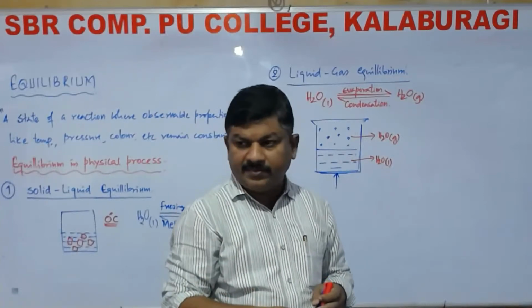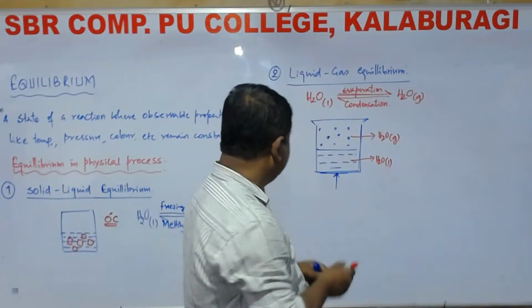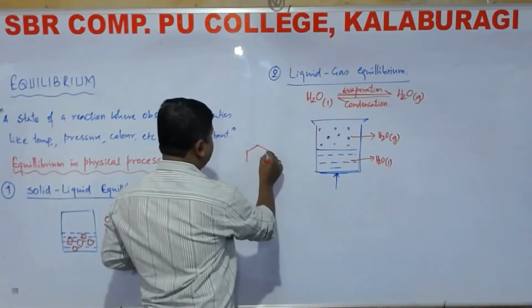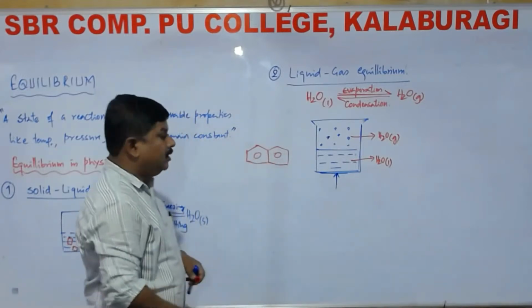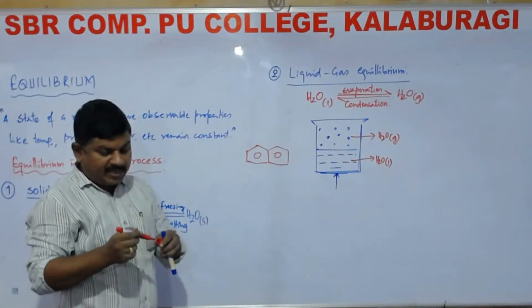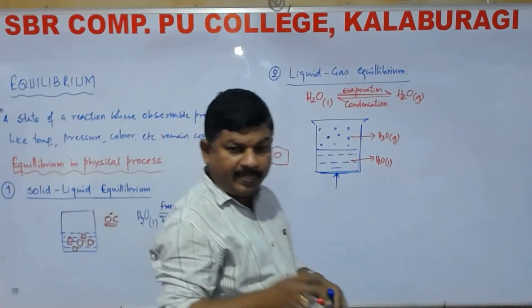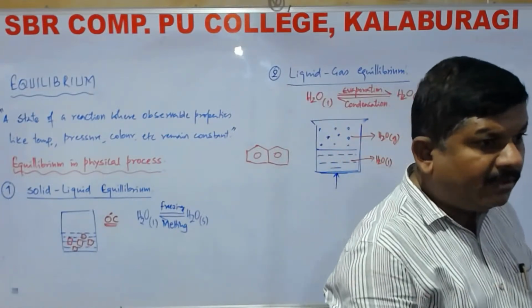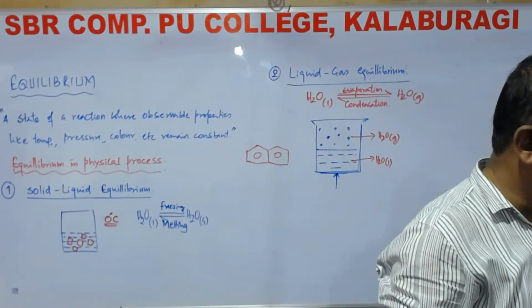Naphthalene is C10H8. Carbons: 1, 2, 3, 4, 5, 6, 7, 8, 9, 10. Hydrogens, how many are there? 8. C10H8, naphthalene. Common substance, camphor, undergoes the process of sublimation.